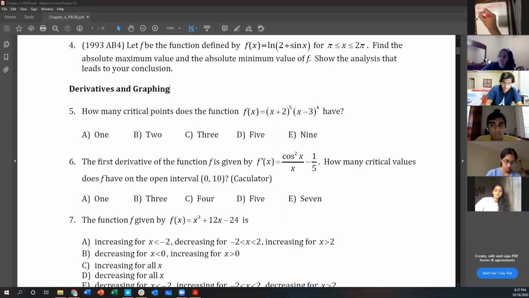All right, so f prime of x, f dash x, is equal to 5 times (x plus 2) to the 4th. So that's the derivative of the first function times the second function, plus the derivative of the second function times the first function, right? Mm-hmm. Okay, now what do we do?